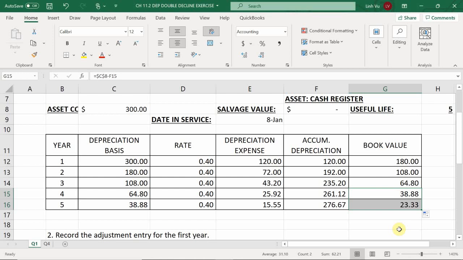$23.33. Again, you can keep using it for another year if you'd like, or as long as it takes to get rid of it. But in this case, you might be better off buying a brand new cash register because, especially with technology, it's been 5 years.